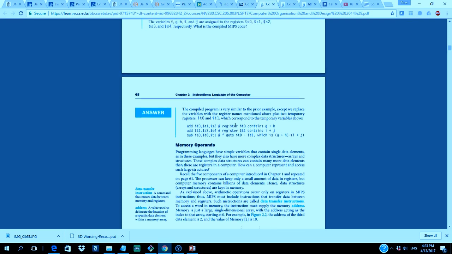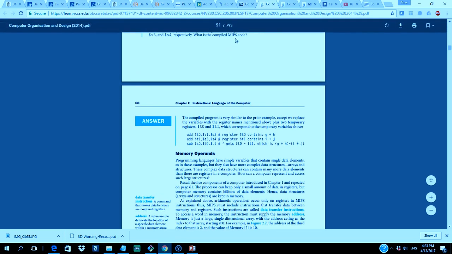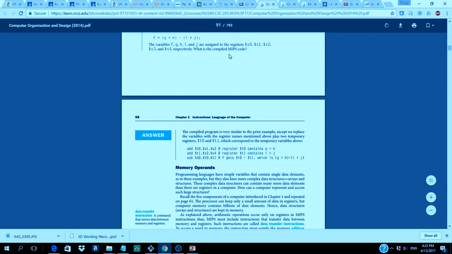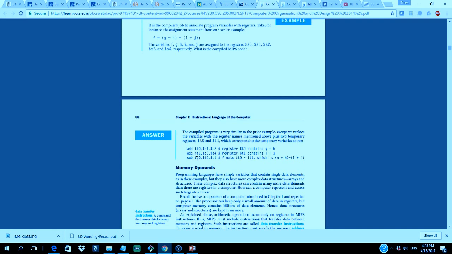This is MIPS. You can subtract T0 from T1 and then store into S0 the result. So that's a different example. Make sense? Another instruction set architecture.